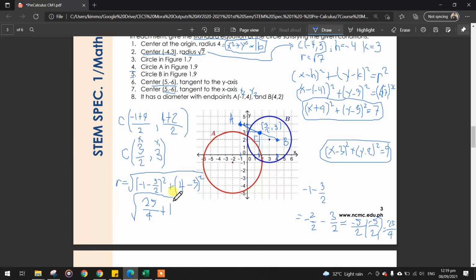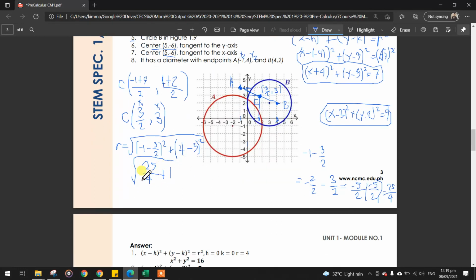Okay. Next is to add this. 25 over 4 plus 1. So again, if we add or subtract a fraction and a whole number, we convert the whole number into a fraction so it is easier to add. Meaning, for this to be in fraction form, the denominator should be 4 so it is the same.